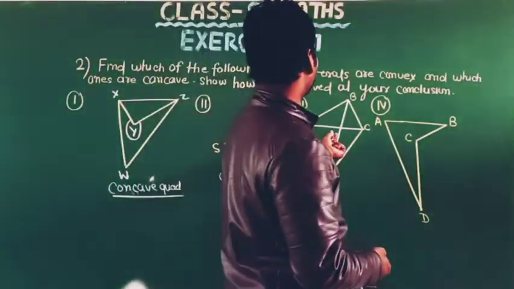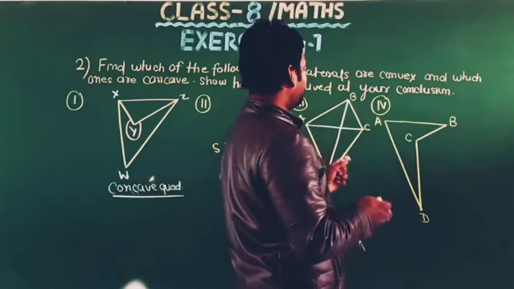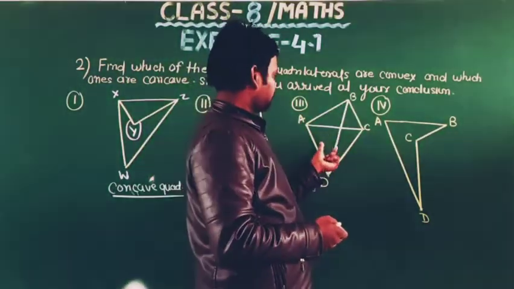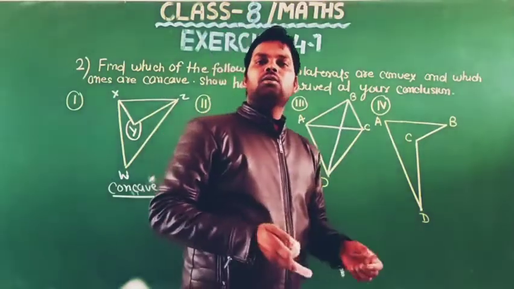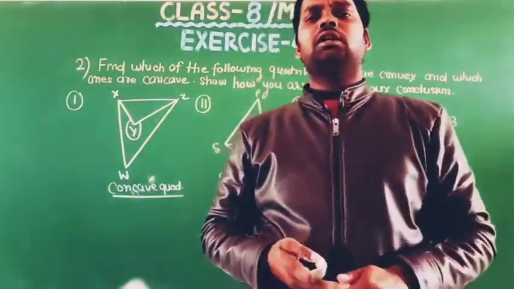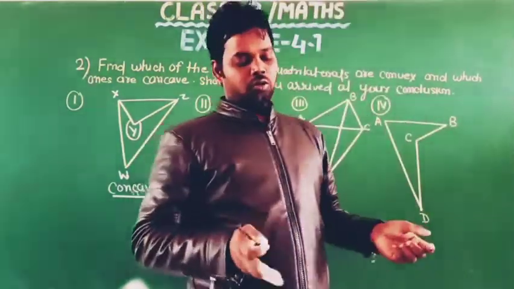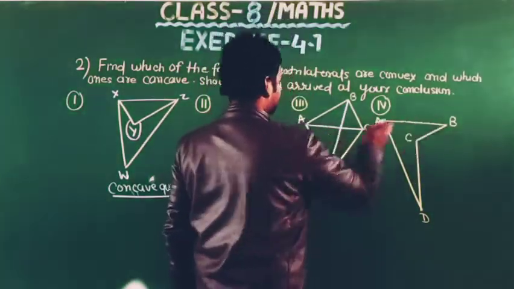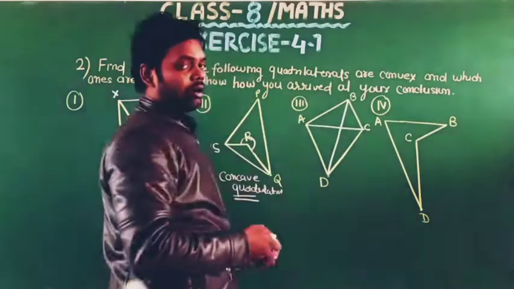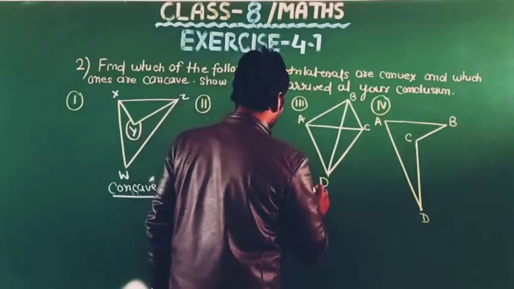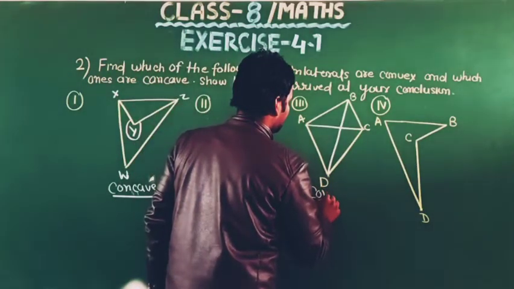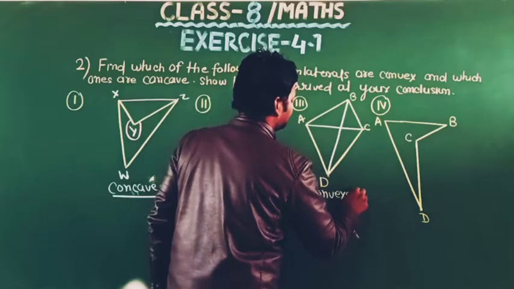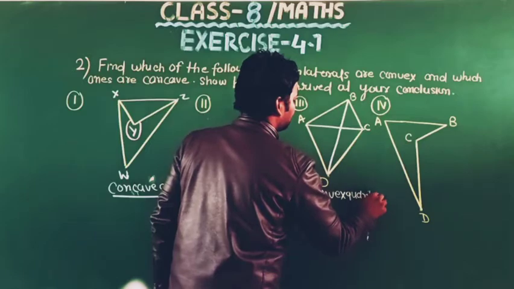When the diagonals lie inside the quadrilateral and no angle is more than 180 degrees, such a quadrilateral is called a convex quadrilateral. So this is a convex quadrilateral.